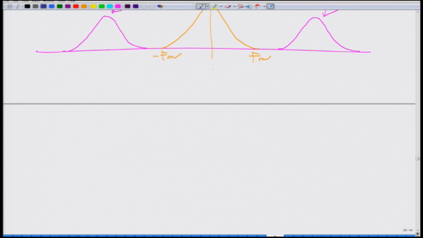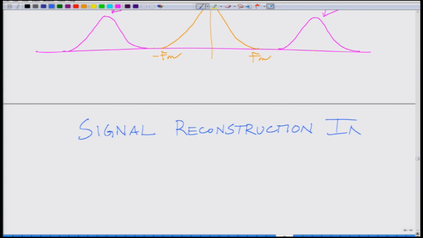So first, let us now talk about reconstruction if there is no aliasing. Obviously the condition for aliasing still is there. So, signal reconstruction in absence of aliasing.